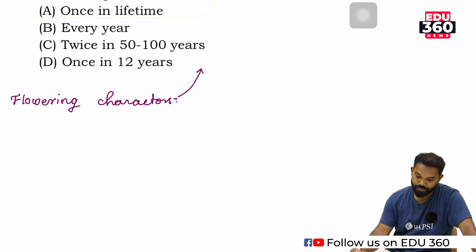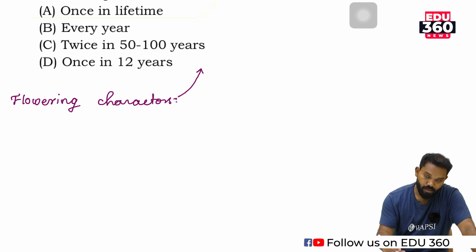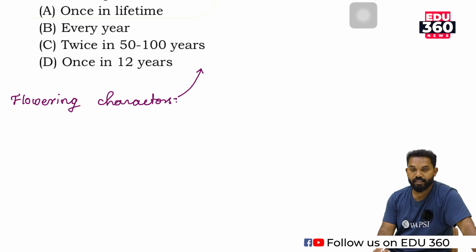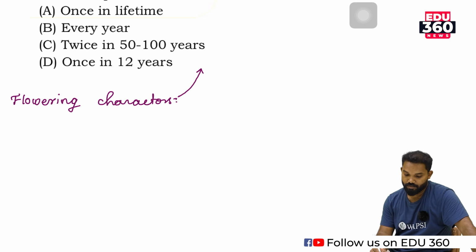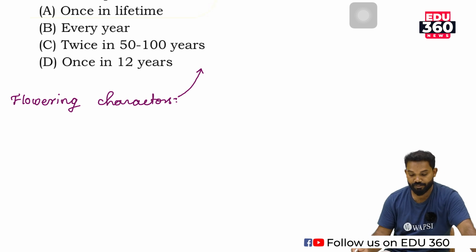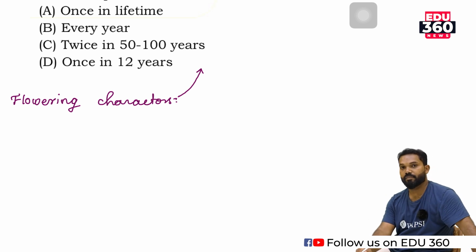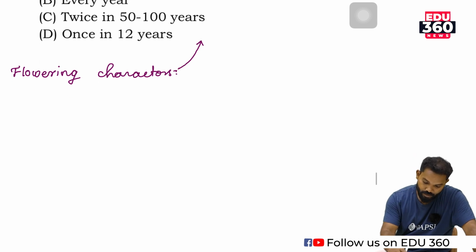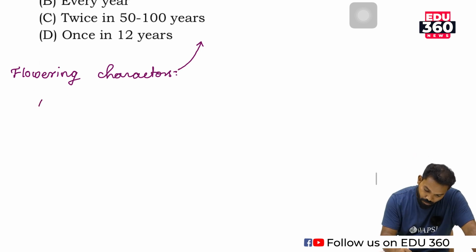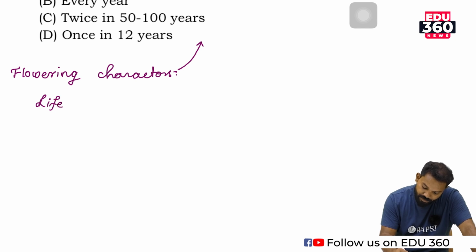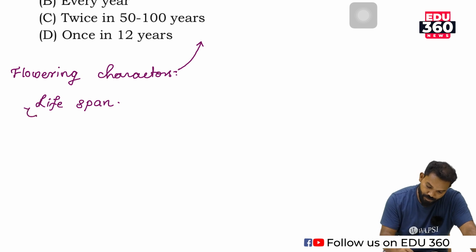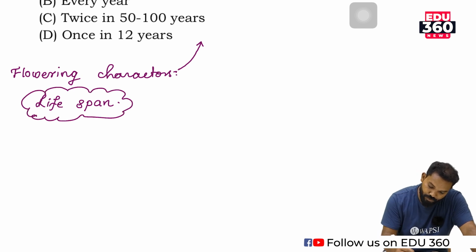Based on the flowering character, they are categorized into many groups. They may be annuals, biennials, then multennials or perennials, etc. Actually, annual, biennial, perennial are based on the lifespan of the plant.